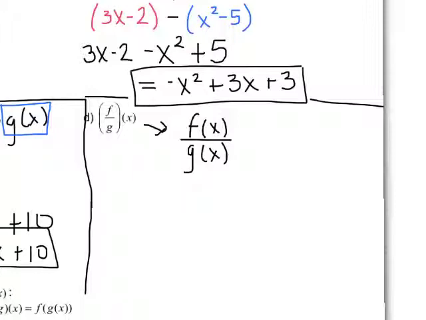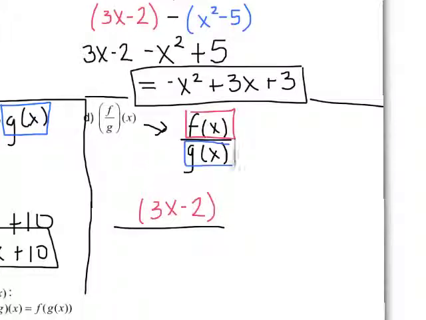So I'm going to put my f of x on top. So that's 3x minus 2 over my g of x, which is x squared minus 5. Okay, and there's no simplification to do here.